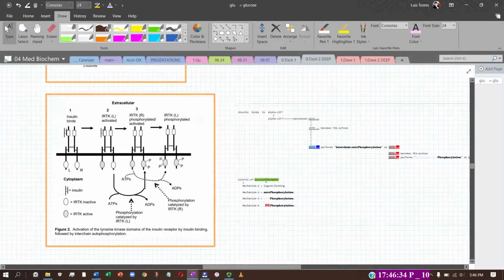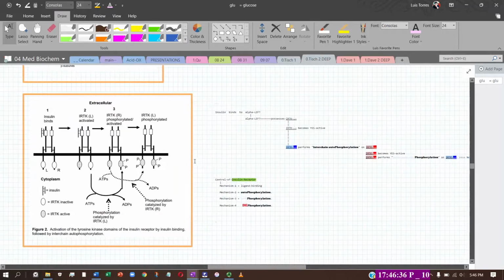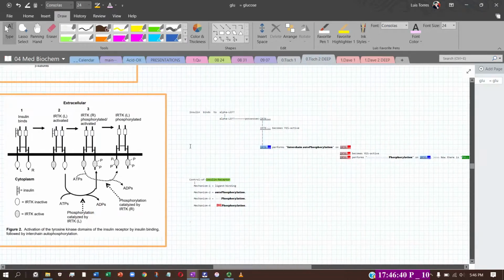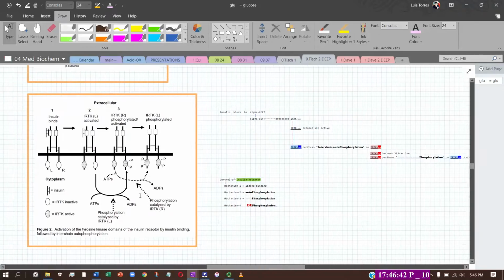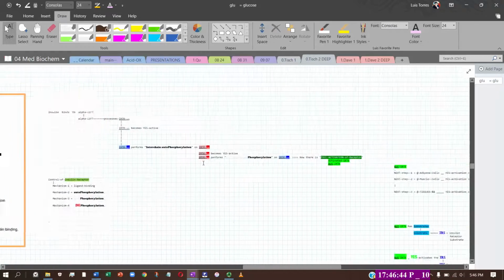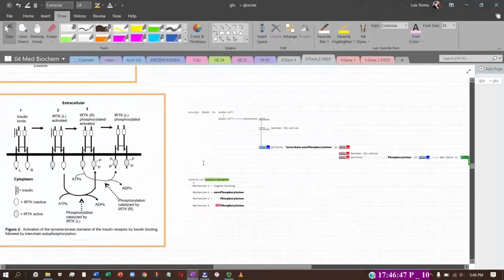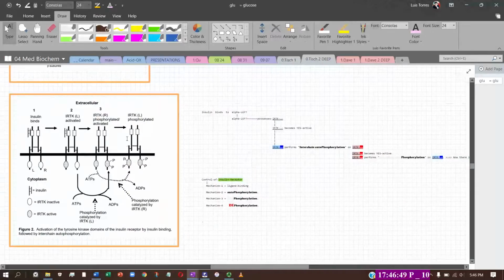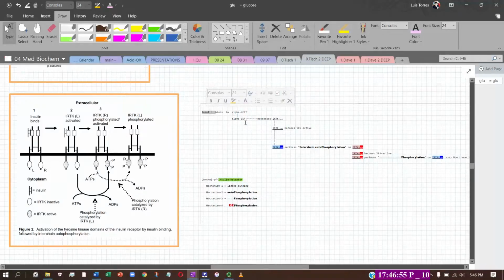So anyway, here you have figure 2 now. It's time to move on. So this is what happens. This is an explanation of the steps that happen in order to activate this receptor. So insulin, let's say, binds the alpha left subunit.